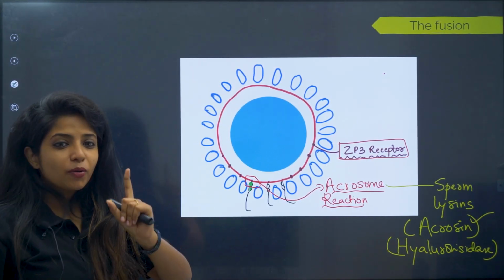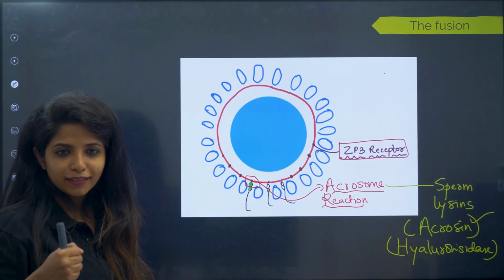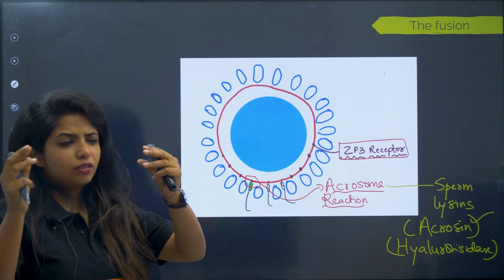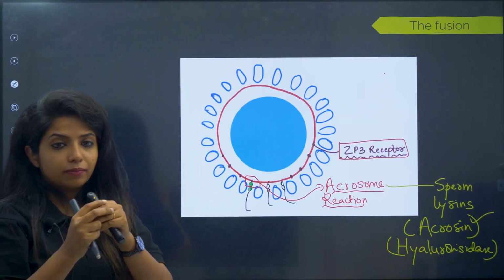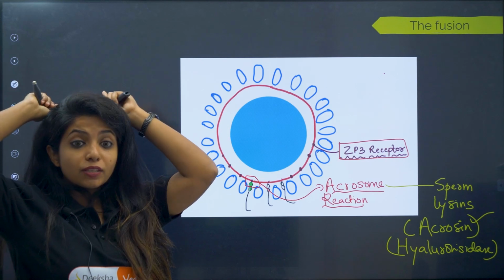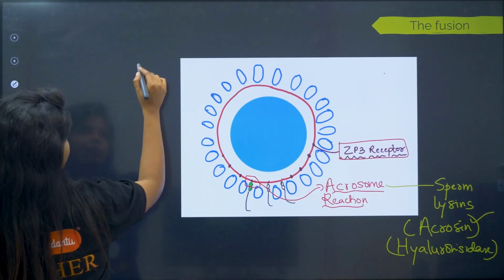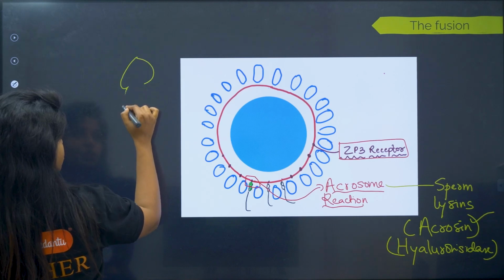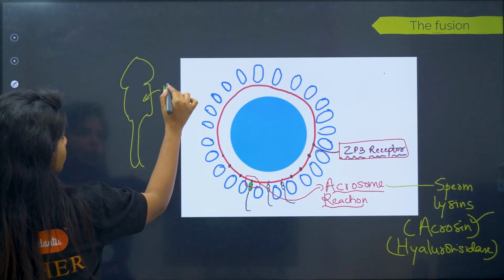Now one very important thing. How was the acrosome able to do this? I agree, the sperm had a protein and the zona pellucida had a receptor, but here comes the role of the sodium ions that we spoke about earlier. I told you that while the sperm undergoes capacitation, one more thing happens: the entry of sodium ions.